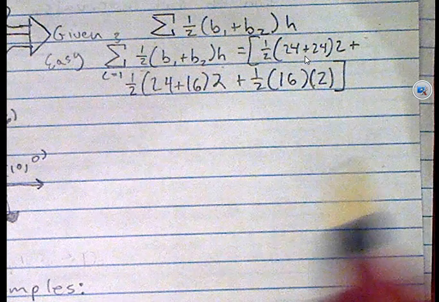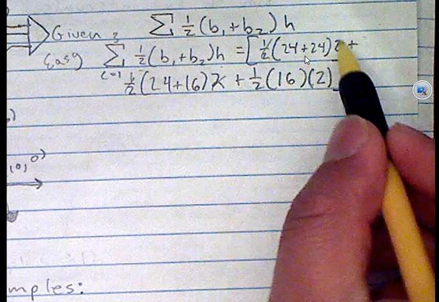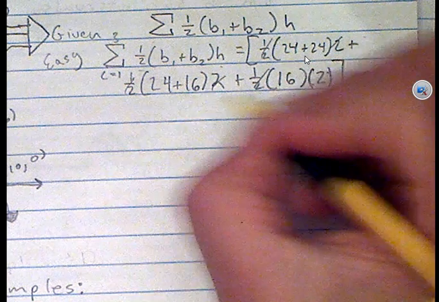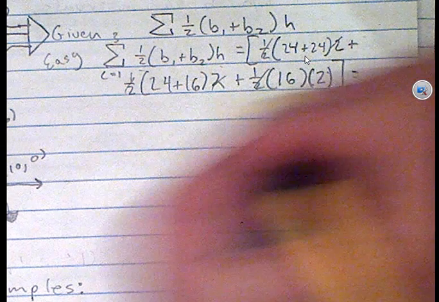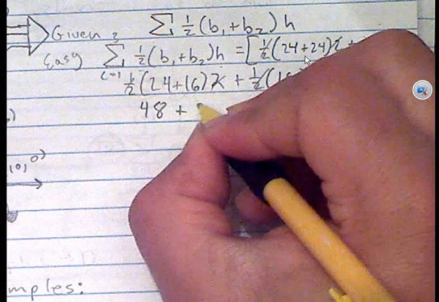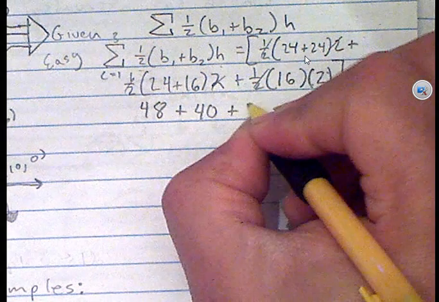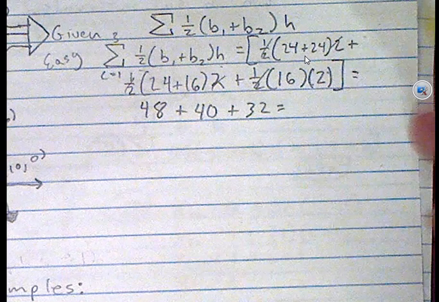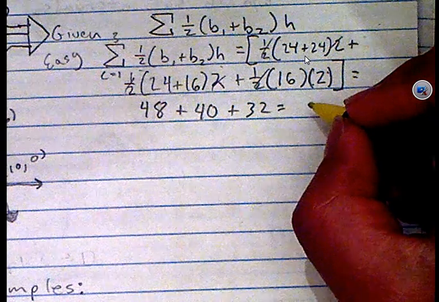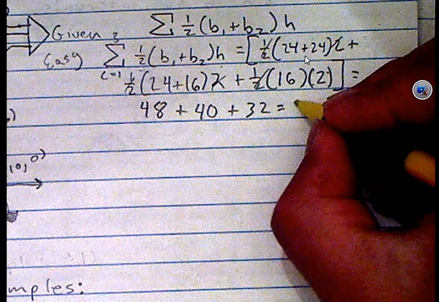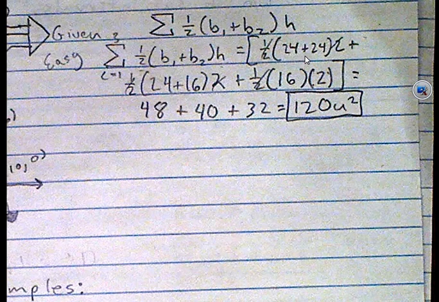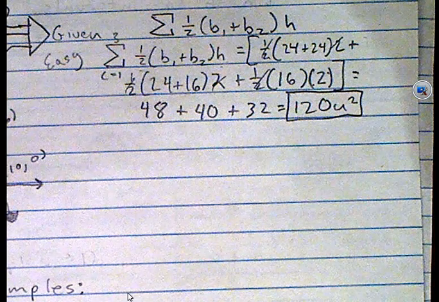So all these 1/2s and 2s cancel when I add them up, so this equals 48 plus 40 plus 32. What does that give us? 48, 40, 88, 32, 120. 120 units squared. Okay, there we go. So that's not too bad.